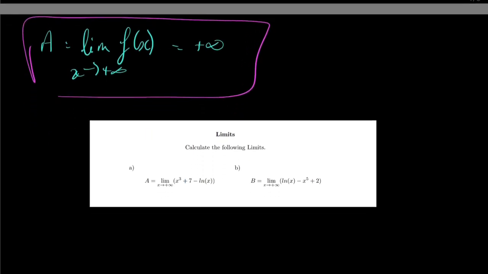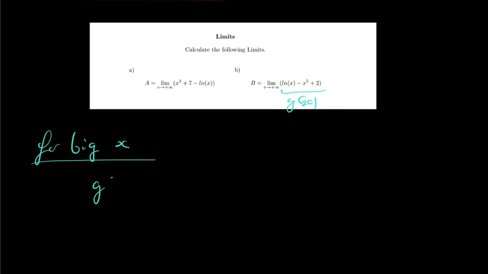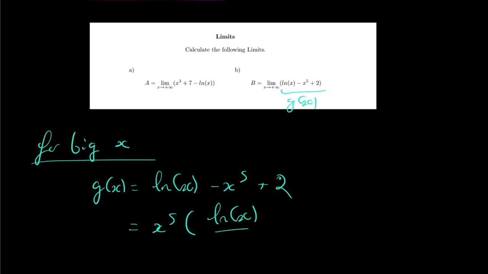Now the second part is really exactly the same thing. Let's call this one g of x. For big x, because we are at plus infinity, for large x, g of x is equal to ln of x minus x to the fifth plus 2. This is equal to x to the fifth times ln of x over x to the fifth minus 1 plus 2 over x to the fifth.